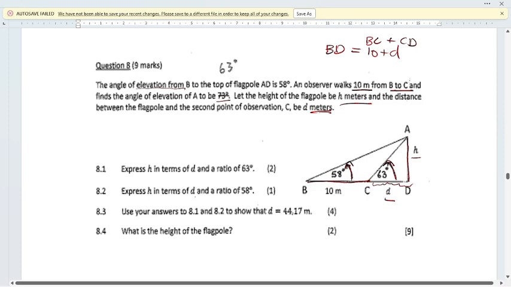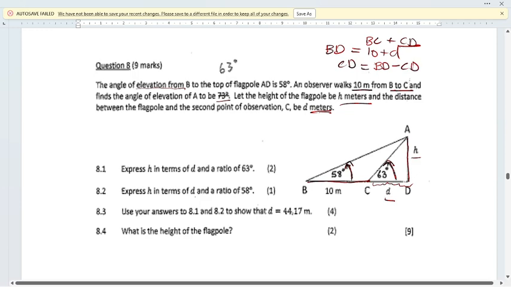Now, what is the distance CD? CD in terms of the letters. You look at B, C and BD. So BD minus BC is CD.